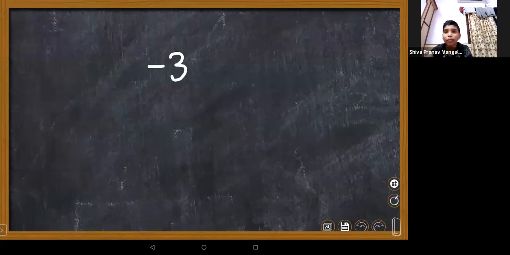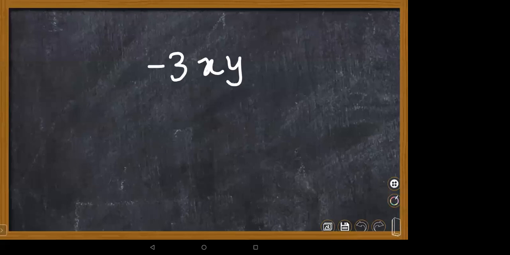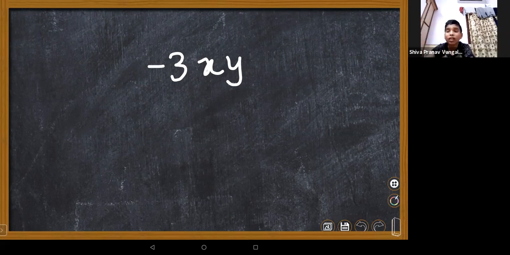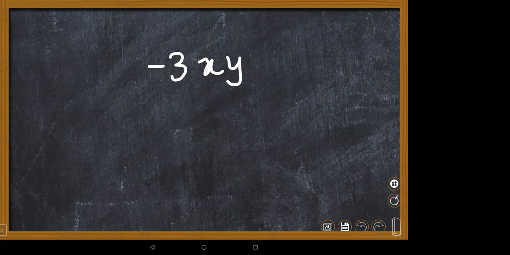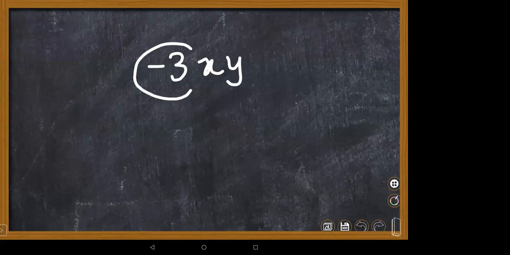Okay, ma'am. I have a doubt. Please let me know what's your doubt. Ma'am, if it is minus 3xy, numerical value 3, what should we do? They won't ask like that, Nana. Numerical means number part.